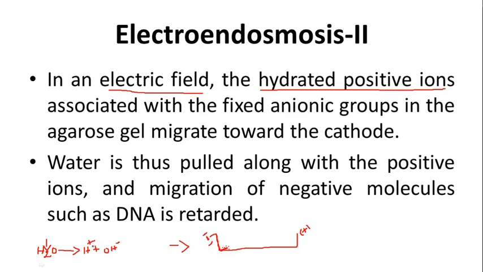These ions are collectively called hydrated positive ions. This hydrated positive ion based electroendosmosis is called electroendosmosis type 2, the second mechanism involved in the rate of migration.